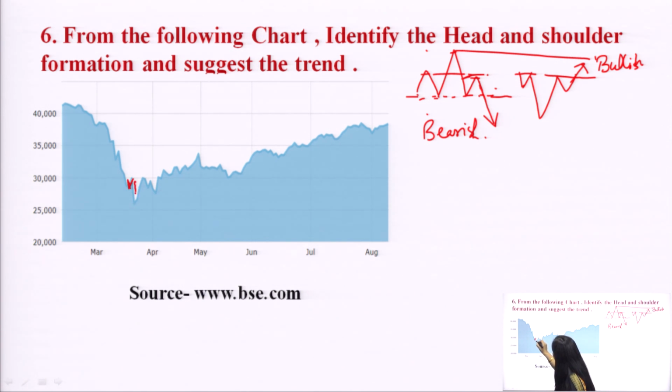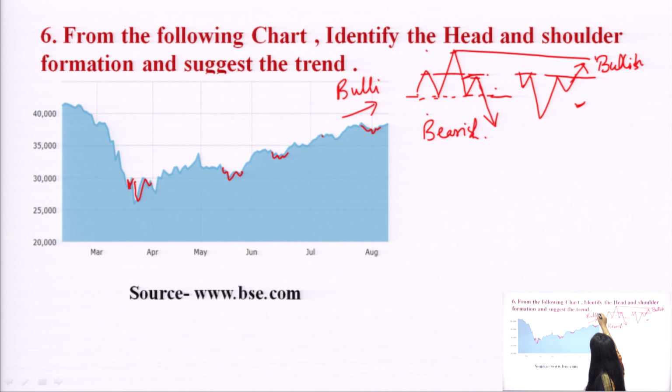We can see that this is the head and shoulder formation, again there is a head and shoulder formation, again there is a head and shoulder formation, and this is also similar to a head and shoulder formation. So, we can see that there are head and shoulder formations in this chart pattern, and they are indicating that there is a bullish phase in the near market.